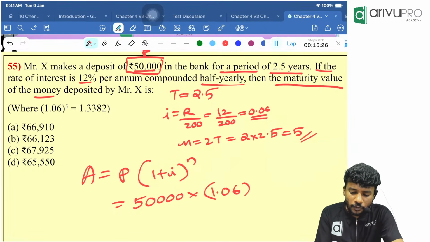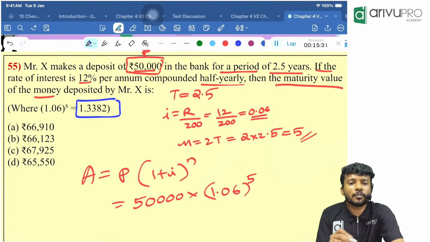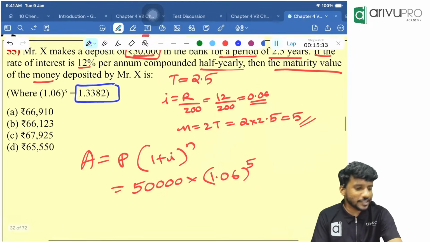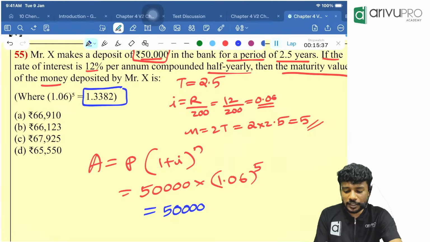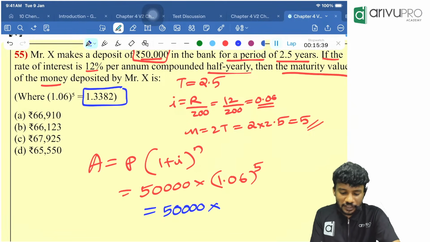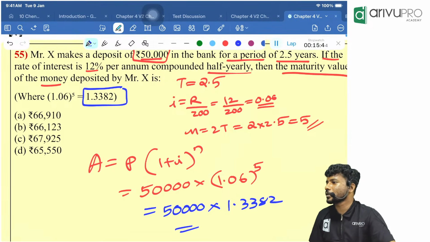The whole power how much? 5. Then luckily people, that value is given in our box. Okay, 1.06, the whole power 5 is already given there. Take your calculator and multiply it with 50,000. 50,000 into 1.3382. How much is it, people?